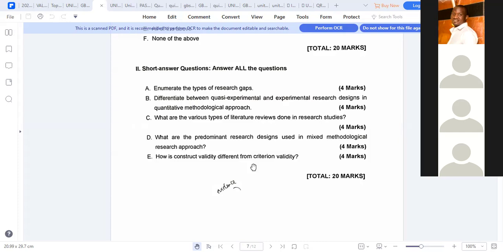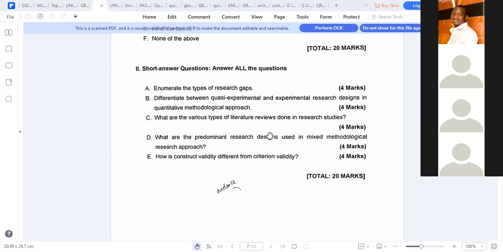I think over lunch I had explained that. Nzovwa, what are the prominent research designs that we have under the mixed? Sorry, what's the question again? We have a mixed method approach.